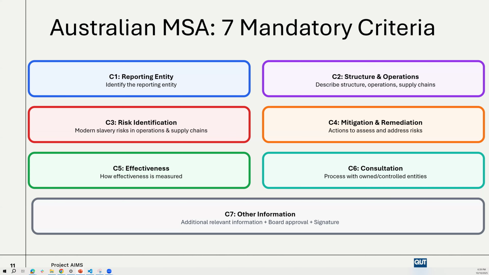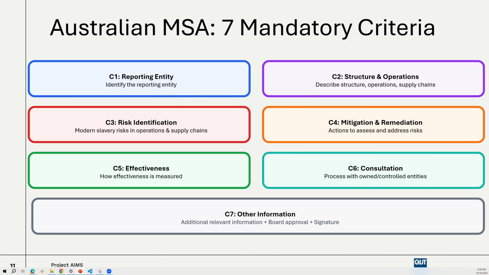So the 7 mandatory criteria of the Australian Modern Slavery Act are asking for the statement to be signed and approved by the board, then for the statement to clearly indicate what is the reporting entity of that statement, and then to describe the structure, operation, and supply chain of the organization and the reporting entity. Then explain the risks identified through the supply chain and operations, and then describe the actions that the company took to mitigate this risk.